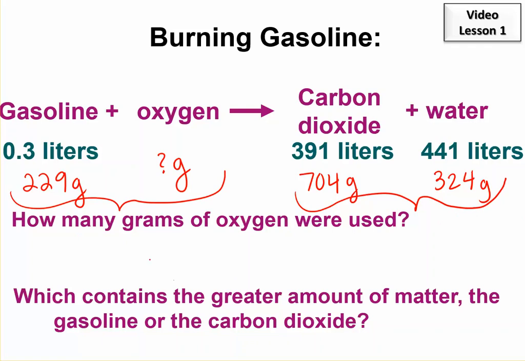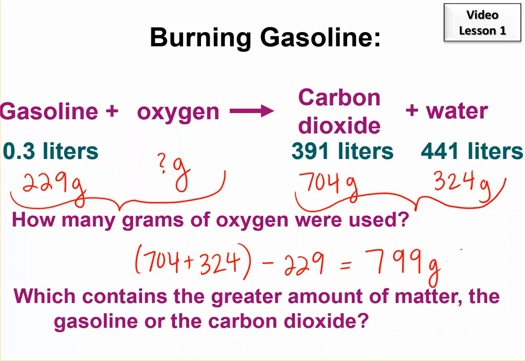So I could add up the masses of the products, and then subtract the reactant that we know. And I will get the mass that must be oxygen. Okay, so that's simple. We don't have to do any fancy stoichiometry or molar mass or things we're going to do later in the class. That's simple arithmetic.